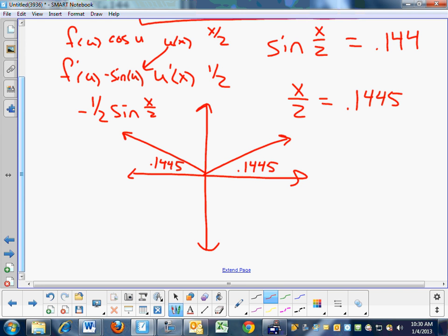If you remember, this is 0 or 6.28. What is this over here? 3.14. So I know one angle, so I know x over 2 is equal to 0.1445. And then I also know that x over 2 is equal to, how do I figure that out?